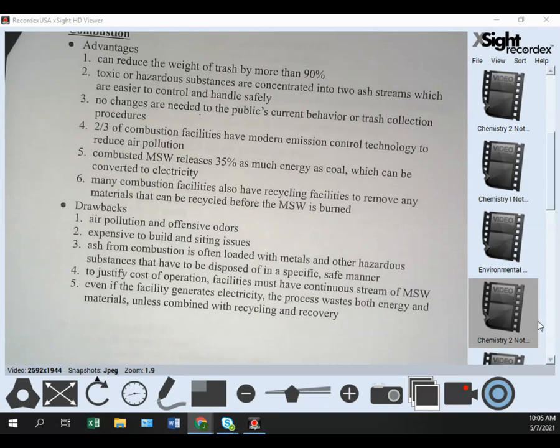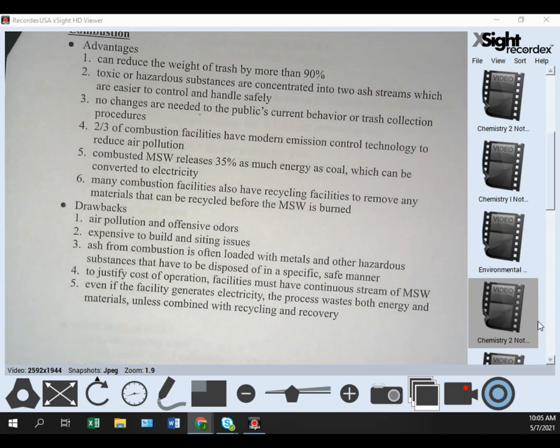You have a hydrocarbon and oxygen, and the products are carbon dioxide and water, in complete combustion. That's not all combustion is, obviously, but you get the idea.